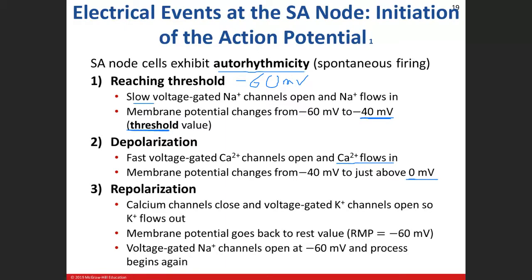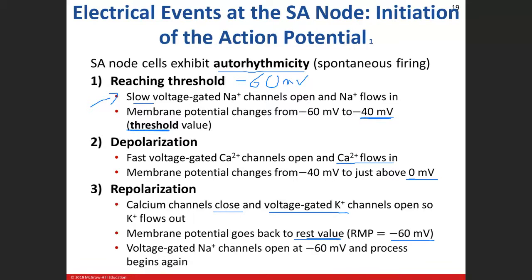So at 0, calcium channels close, and then our voltage-gated potassium channels open up, and potassium is going to move across its concentration gradient from inside the cell to outside the cell. So that positive ion leaves the inside of the cell, making the inside of the cell more negative, and so we're repolarizing the cell. And as soon as we get back to our resting value of -60, our slow voltage-gated channels open up again. And it just keeps repeating.